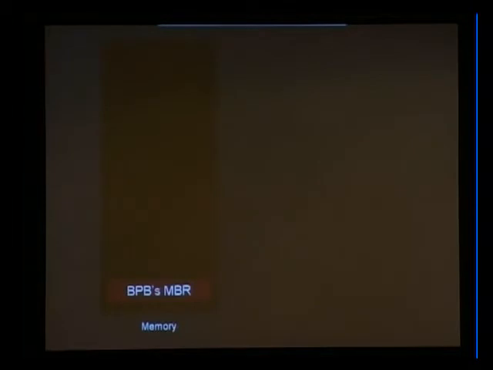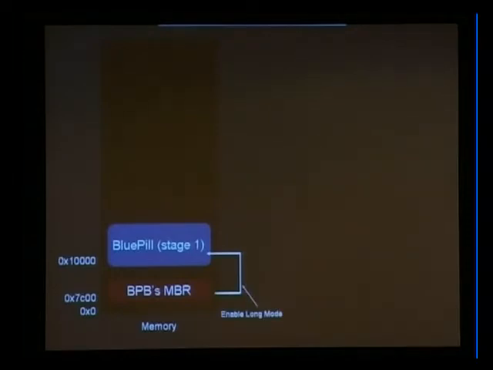This is what happens when Bluepill boot is started. The Bluepill MBR gets this memory address at the beginning of this execution, and it's set to 7C00. It's always a constant.